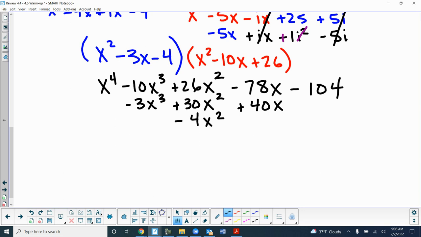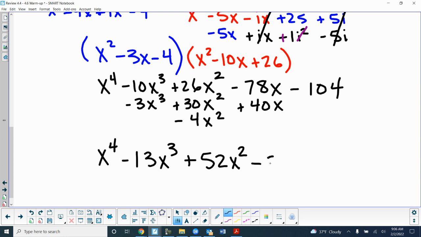So combine like terms and we're done. x to the fourth minus 13x to the third plus 52x squared minus 38x minus 104. Simple.